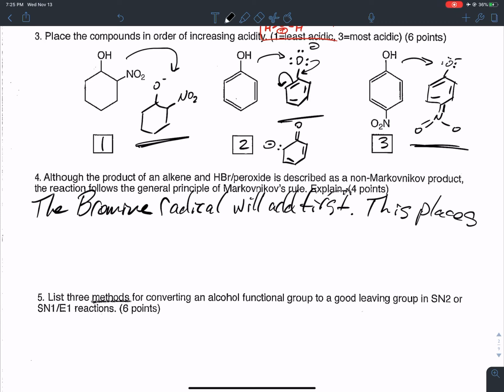So this places a carbon radical. I don't like the way I said that. Let's change that.